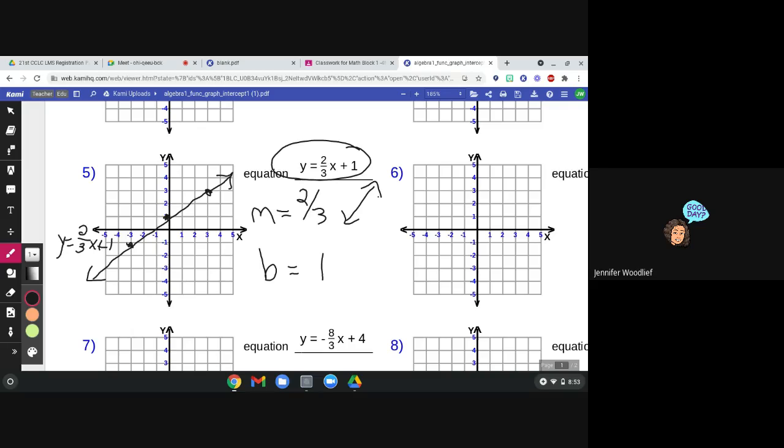No. Hey, Booker, you flipped yours. Your slope is, okay, you just kind of flipped them. Yes, go ahead and submit it.